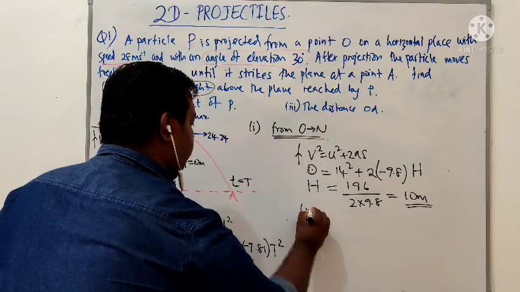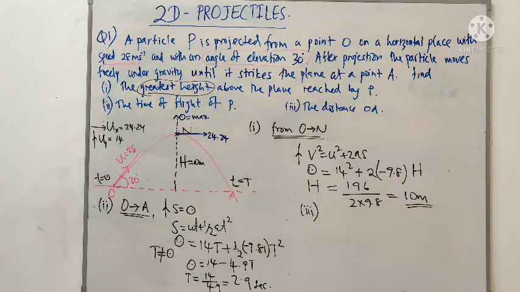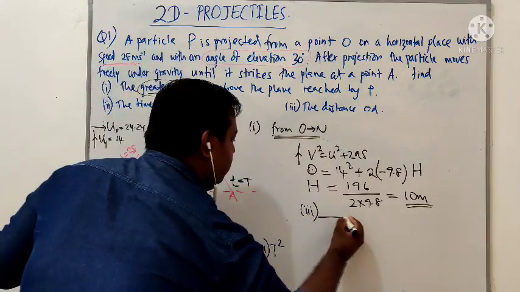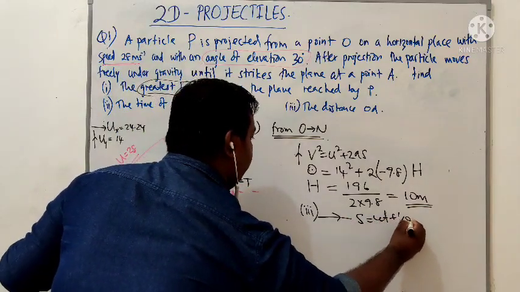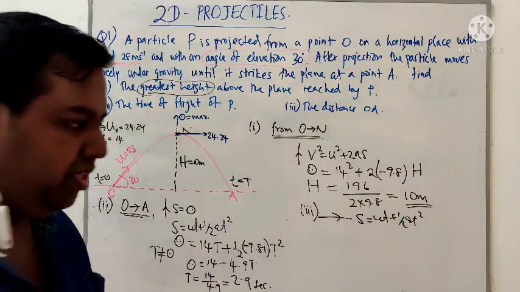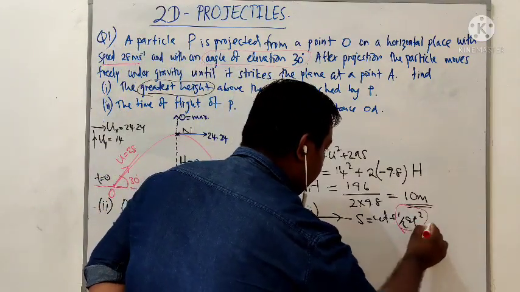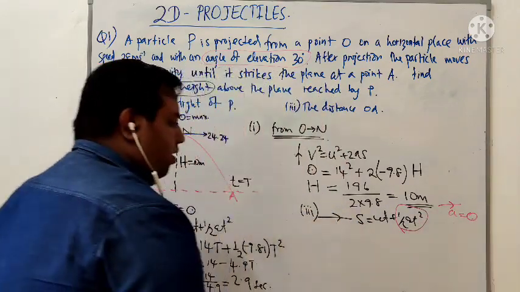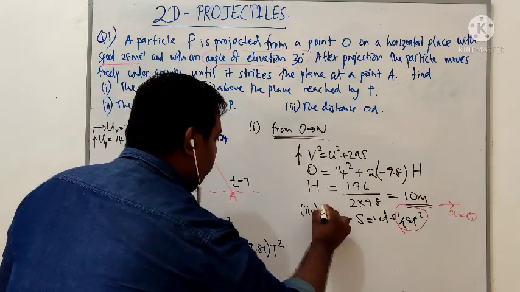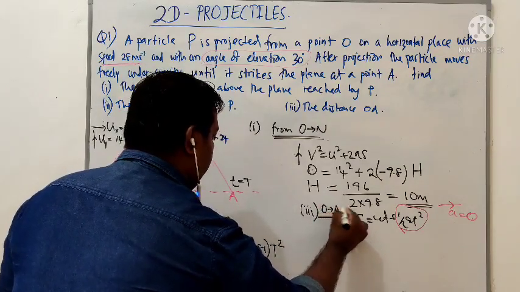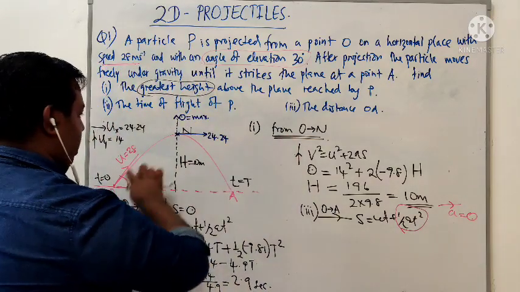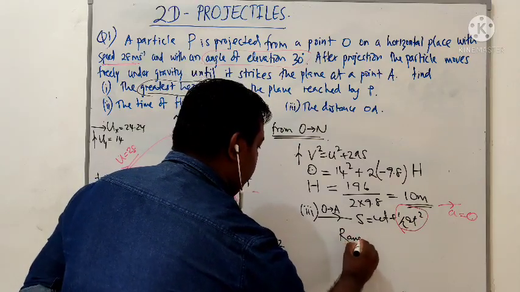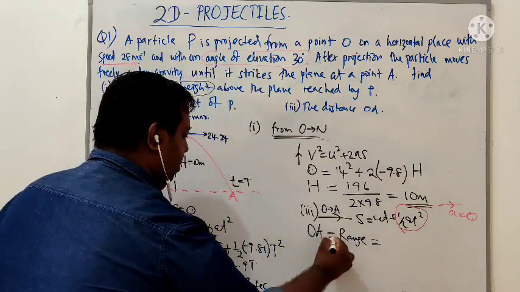Roman 3, the distance OA. That's called the range. You know the time, so use the equation horizontally, S equal ut plus half a t square. But half a t square becomes 0 because in this direction the acceleration is 0. So S equal ut only, from O to A. S is the range, the distance OA.